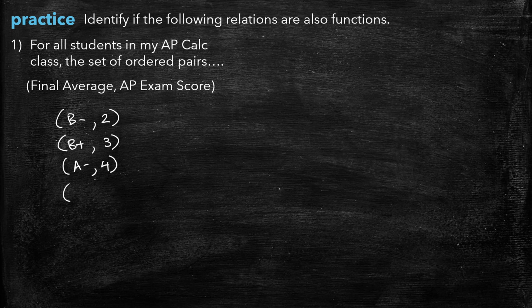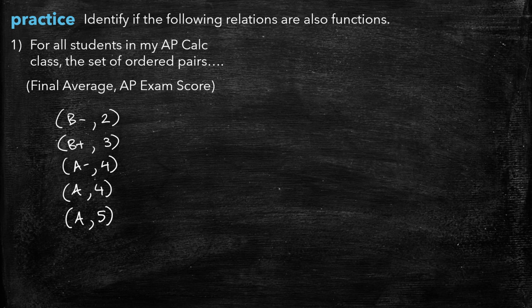But, oh wait, somebody who got an A also got a 4. Is that a problem? No, because the input is not repeated. An A- can give a 4, an A can give a 4. What we can't have is a repeated input. You can predict this coming: somebody who got an A, another student also got a 5.